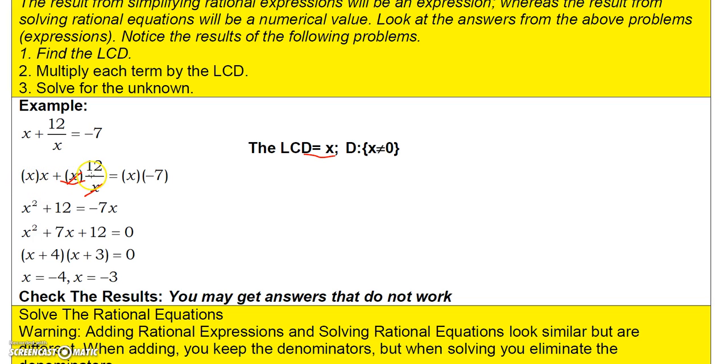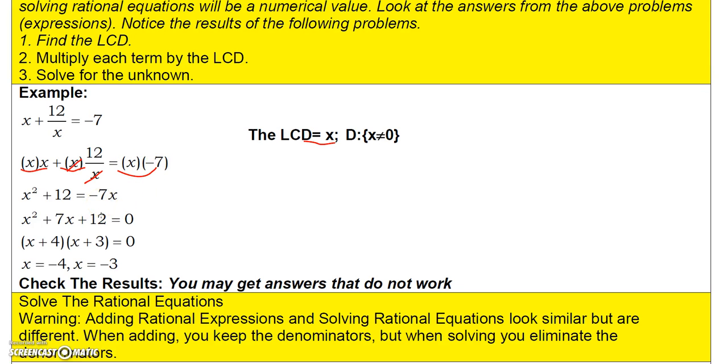So I'm going to multiply x by x, and I'm going to multiply the minus 7 by x. And so x times x is x squared. And of course, when I multiply 12 over x by x, the x's cancel, and I just get 12. And then x times minus 7 is minus 7x.